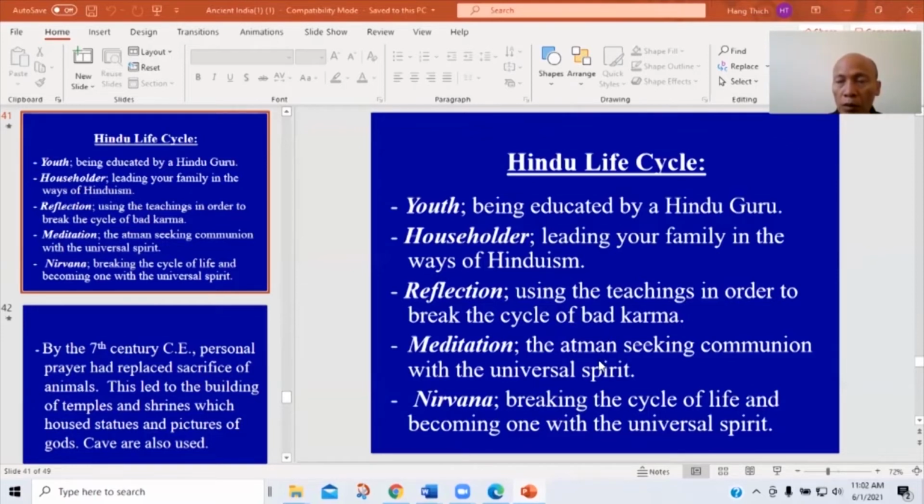So they may let go of their families and go to the forest or mountain to meditate, so that they can have a connection with the universal spirit, their Brahman, so that they can attain what we call nirvana, breaking the cycle of life and becoming one with the universal spirit.